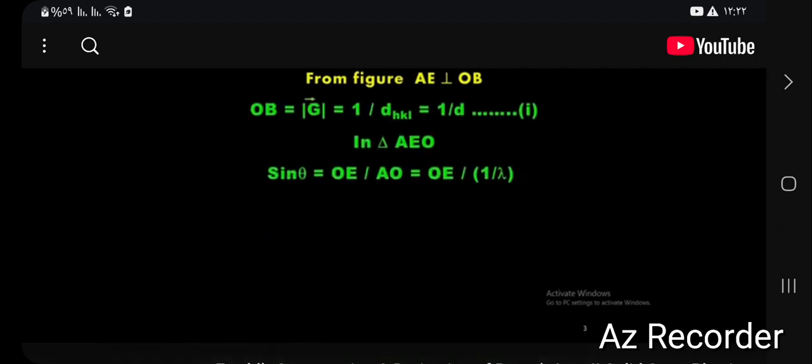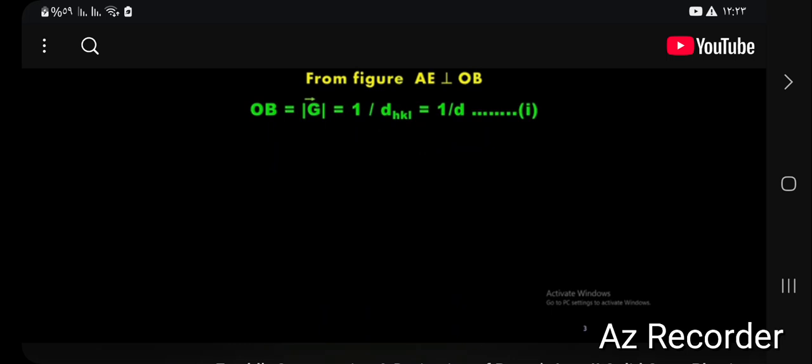So sine theta is OE upon 1 by lambda, which means OE is 1 by lambda into sine theta. This is equation number 2.